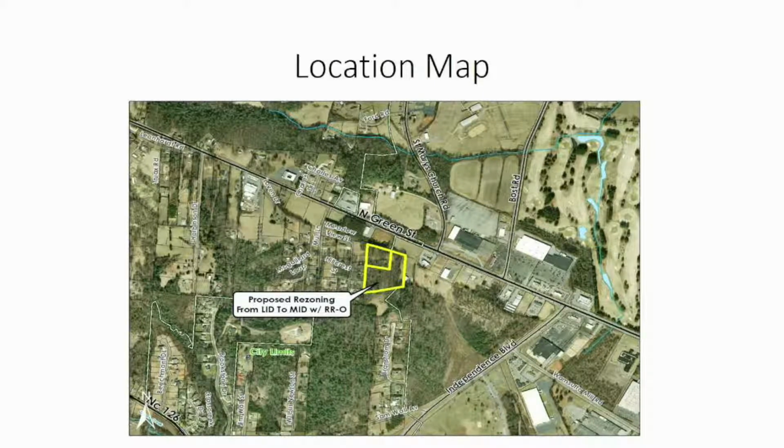So they are adjacent to the properties. Looks like there's 1, 2, 3, 4, 5, 6 properties there on the left on Meadowview Street. There's 6 houses that butt to the property.